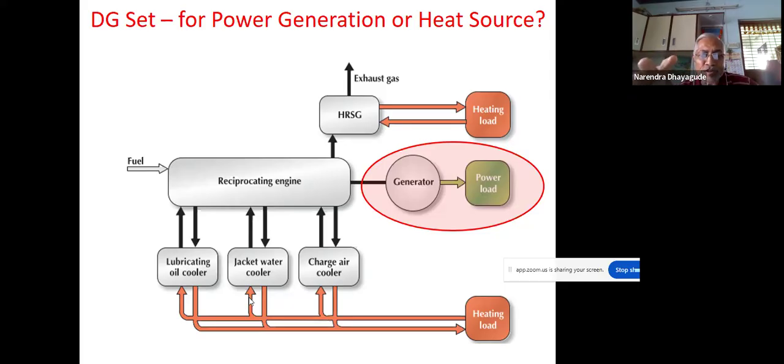It is almost 60% losses, and only 30 to 40% output is utilized for electric energy generation. So you can understand the gravity of heat extraction or excess heat utilization from a DG set. That is why a DG set is not economical to use that way.